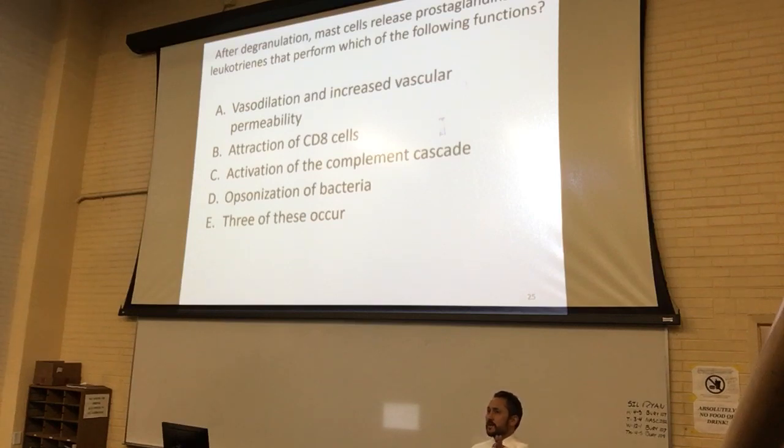Did we ever talk on Monday or today about CD8 positive T cells being attracted by leukotrienes or prostaglandins? We did not. Make sense? So that detail belongs in the category of inflammation, because that's when we talked about it.